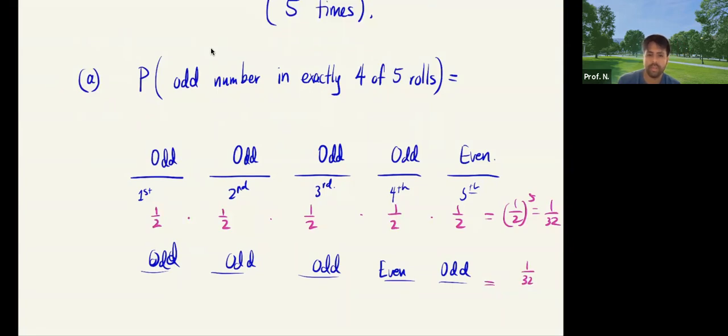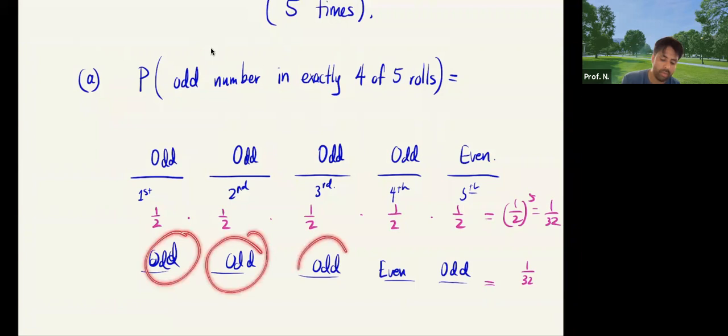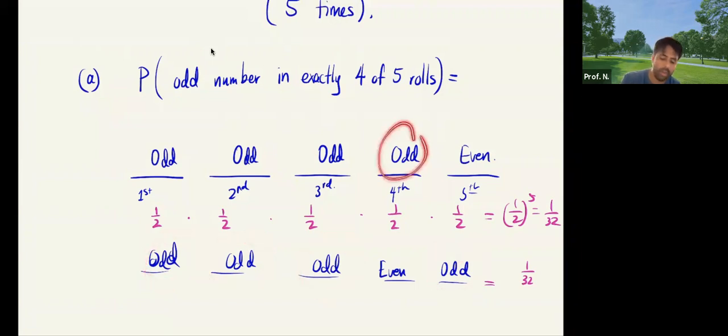Exactly 4 odds. No, it says exactly. Exactly means only 4. It can't be more than 4. It can't be less. It's exactly 4.